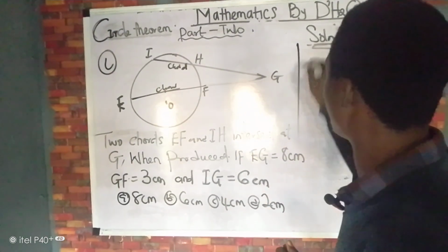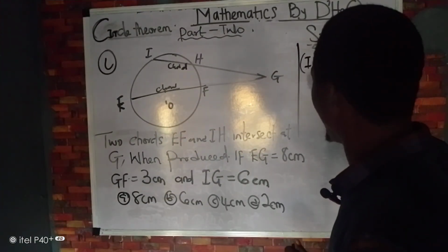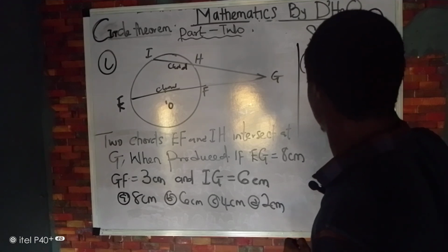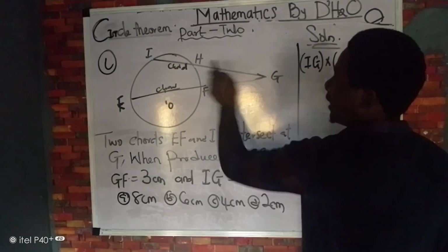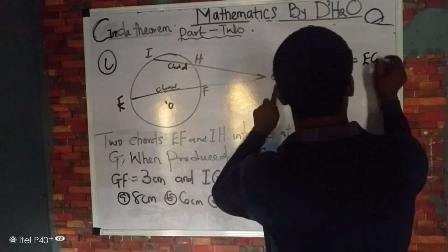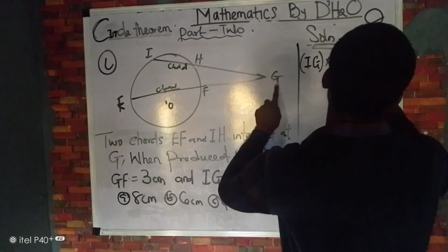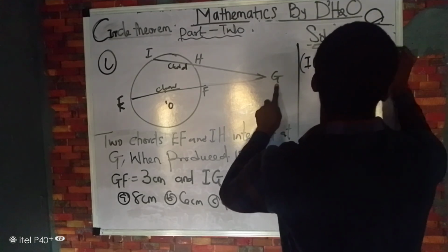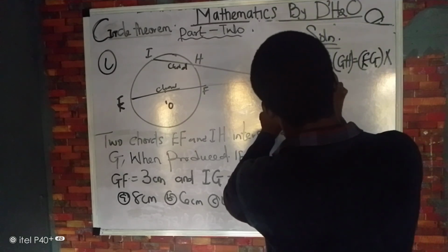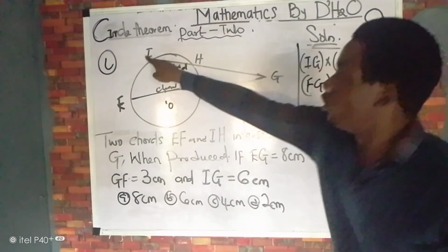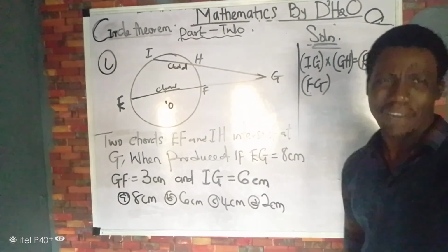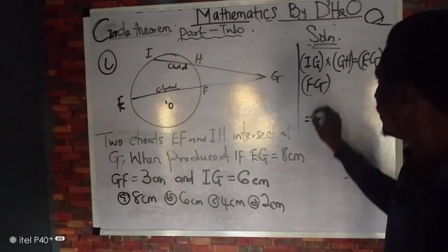From here to here, you have IG times HG or GH equals, from here to here, EG or GE times here to here, which is FG. So you have here to here times here to here equals here to here times here to here. So it's very easy. Now let's solve it quickly.